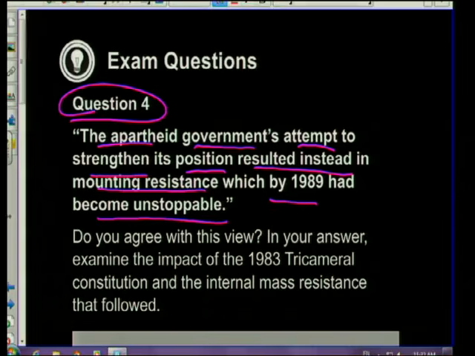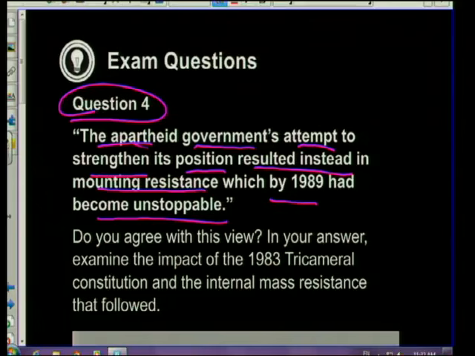It gives you an idea of how or where your essay should be going. The question is asking you, do you agree with this view? In your answer, examine the impact of the 1983 tricameral constitution and the internal resistance that followed.